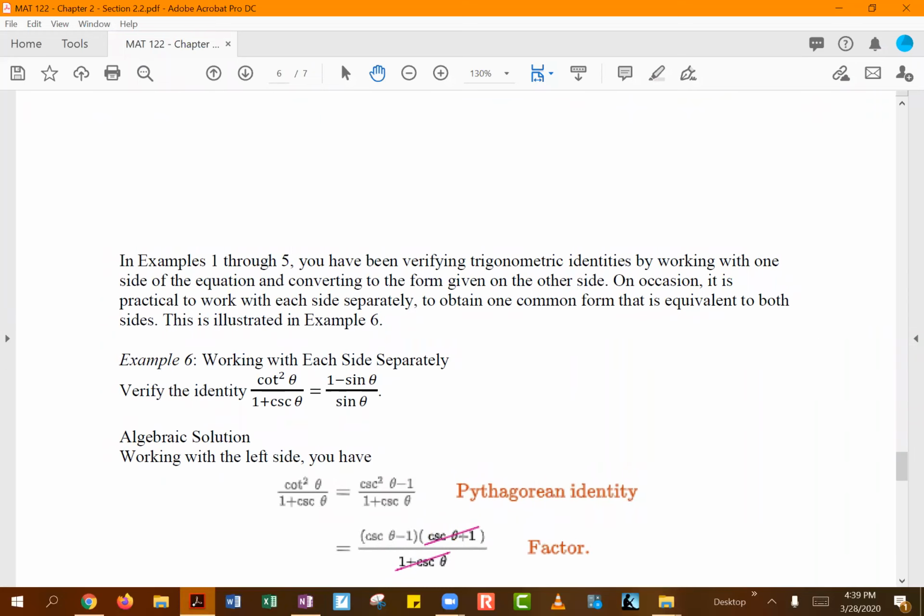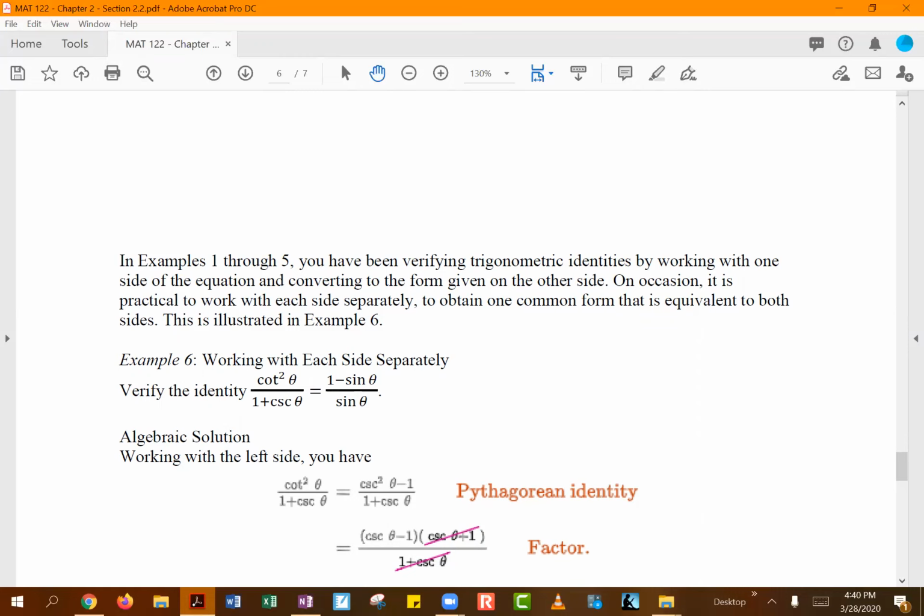So out of all the examples we have done so far, all 5 of them, basically you were taking one side, simplifying it by using the fundamental identities or rules of algebra to show that it would equal the other side, right? So you were working either on the left-hand side or right-hand side and trying to show it will equal the other side.